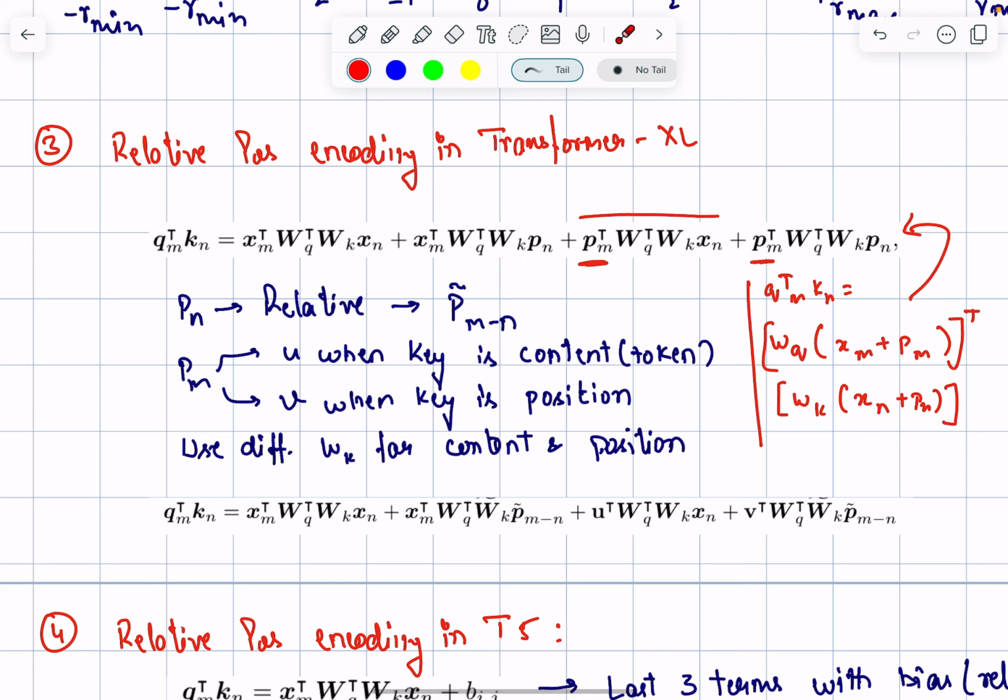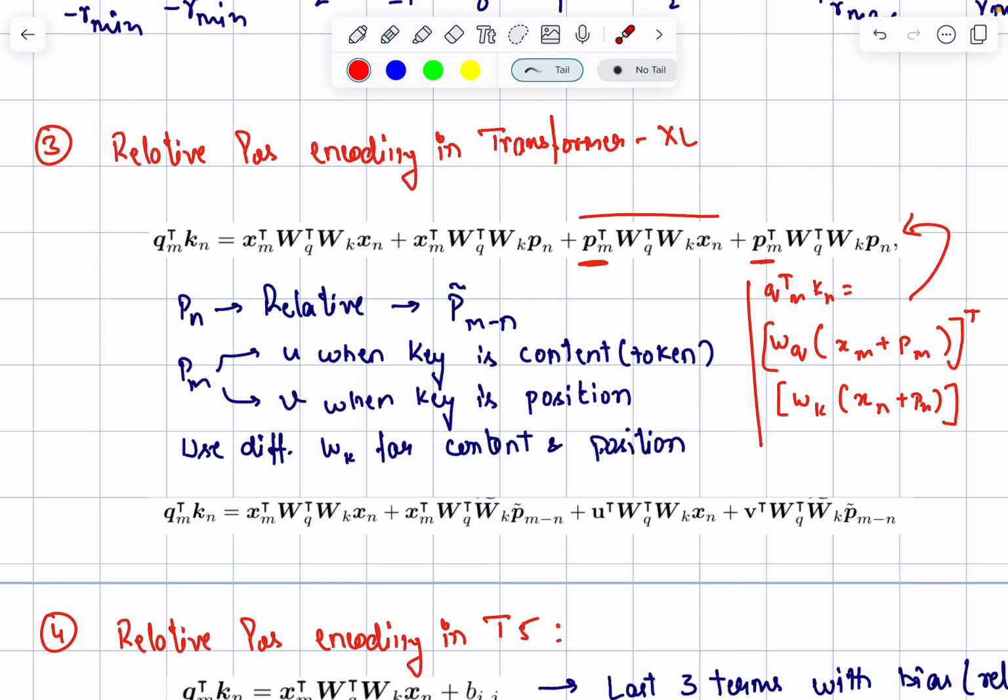So that essentially means that you end up with this particular equation, where you leave this particular thing as it is. Then you replace Pn with the relative embedding everywhere. These are two positions. Then you replace PM in this position and this position with U and V vectors respectively, where U and V are randomly initialized and learned as we train using backpropagation, as we train other parameters of the model.